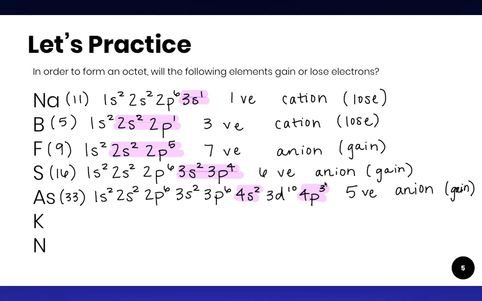Potassium has 19. This element has 1 valence electron.